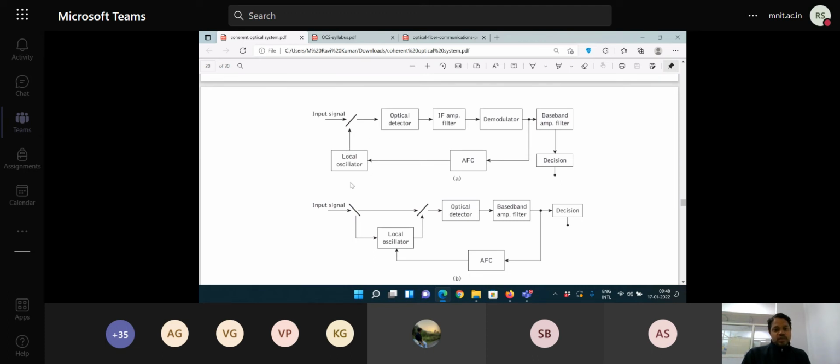So the local oscillator needs this automatic frequency control to have a stable output frequency. If there is any noise because of wavelength shift of the local oscillator, then that is detected by the automatic frequency controller, and it sends a corrective signal to the local oscillator.